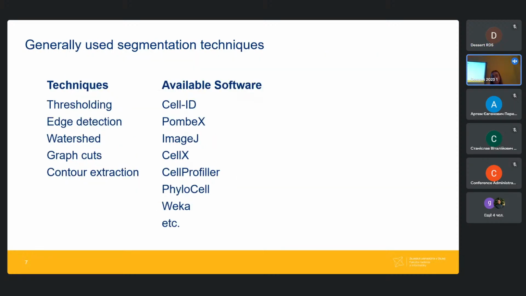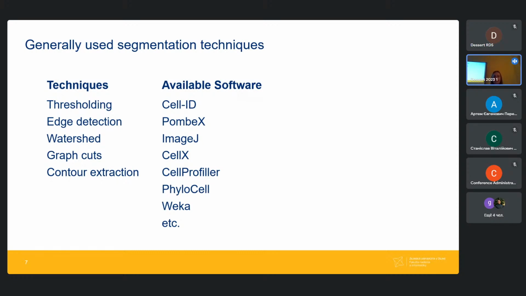Part of the research was also to explore some existing techniques, because the aim is not to develop some new technique in image segmentation, but just to make use of the existing ones. So I examined techniques such as thresholding or contour extraction and similar.